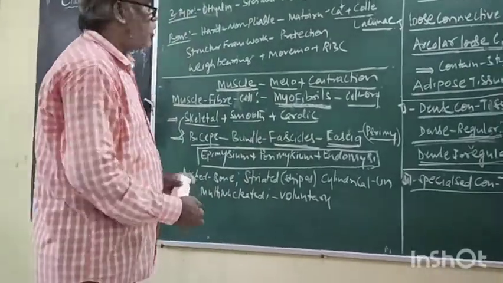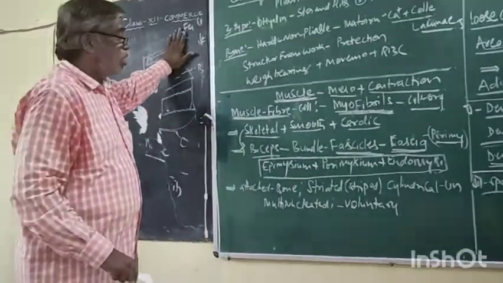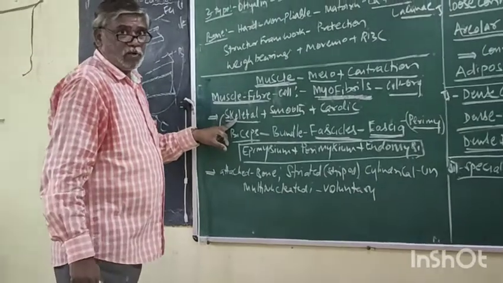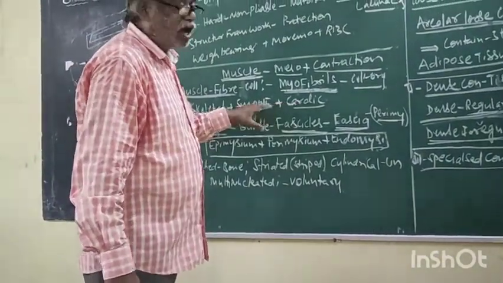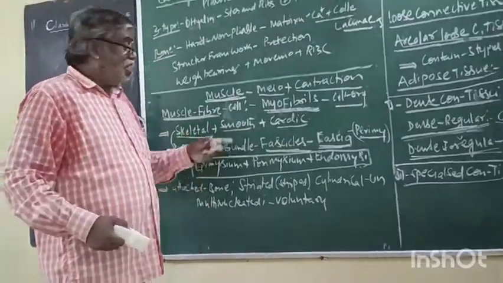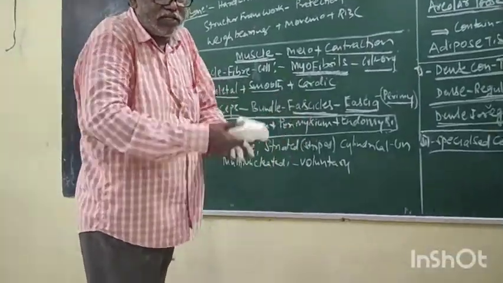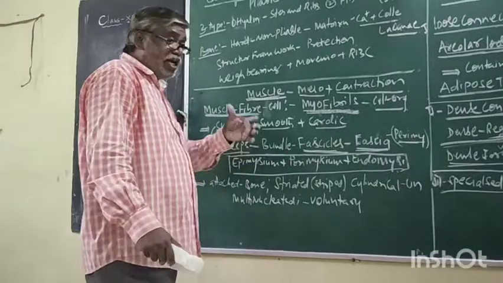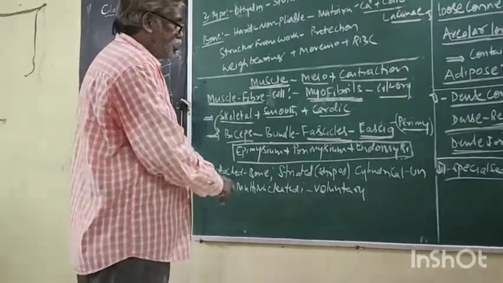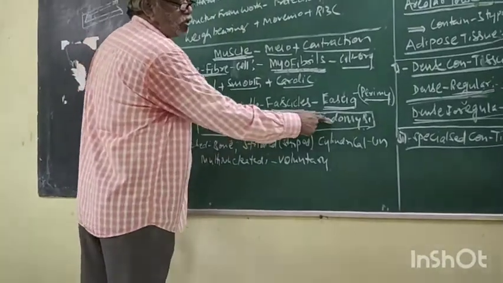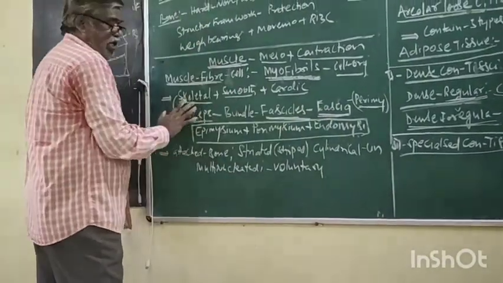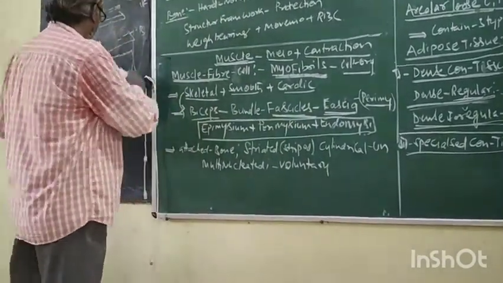But this knowledge is applicable to skeletal muscle, because smooth muscles and cardiac muscles are not arranged like bundles. They are arranged like layers. Hence, bundle, fascicle, fascia, epimysium, perimysium, endomysium, this is applicable to only skeletal muscle.